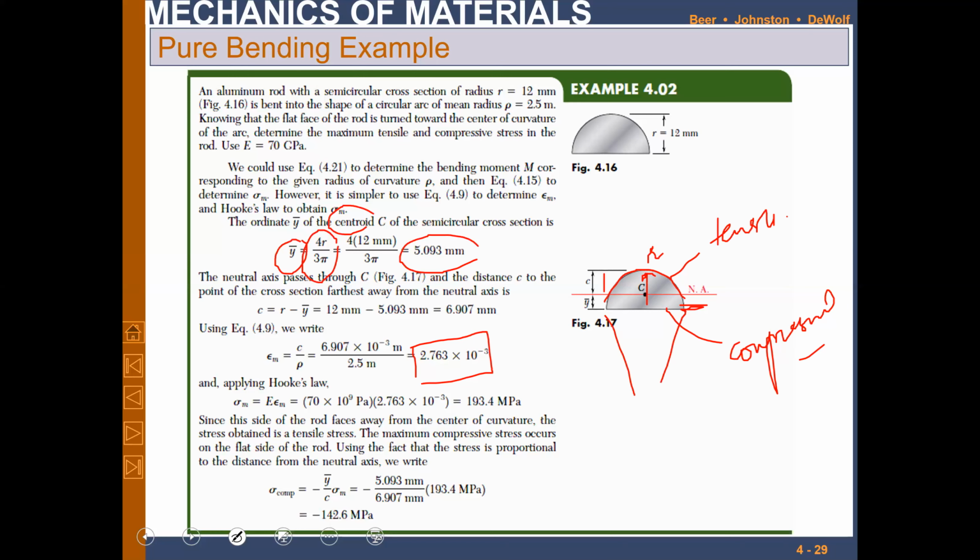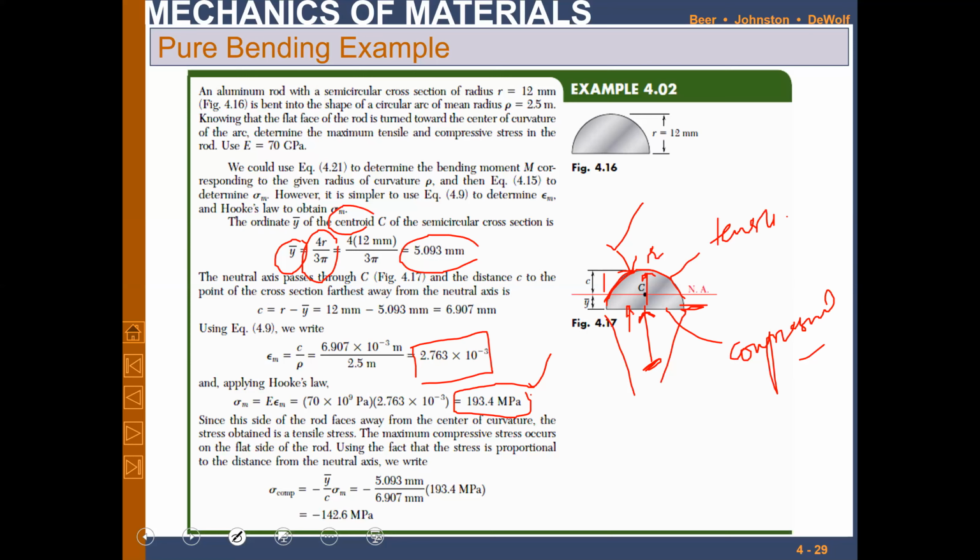Then, by Hooke's law, sigma m will be E epsilon m, and you calculate this. Since this is a positive quantity, it means it will be tensile at this surface, right? If we want to calculate the compressive stress on the other surface, it will be minus y bar over c times sigma m.